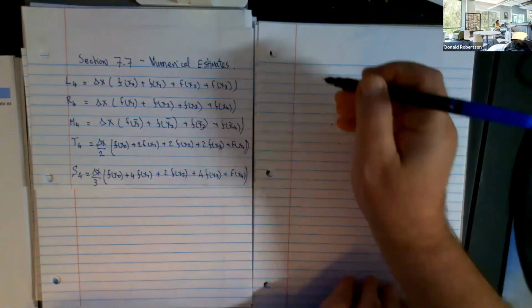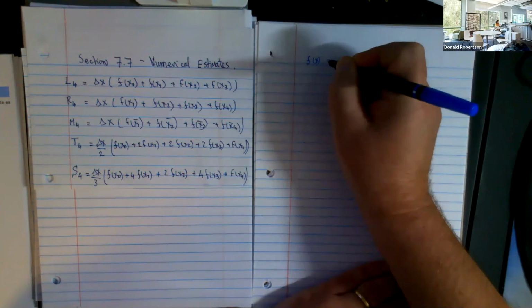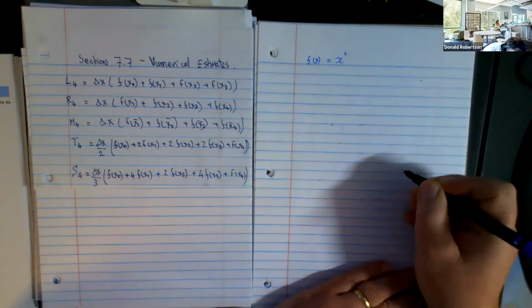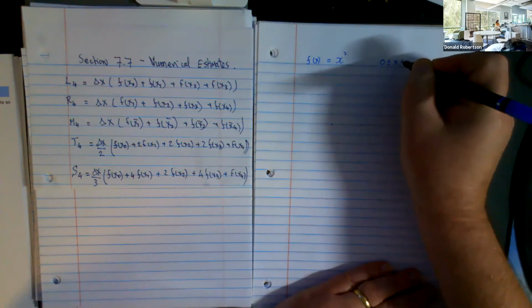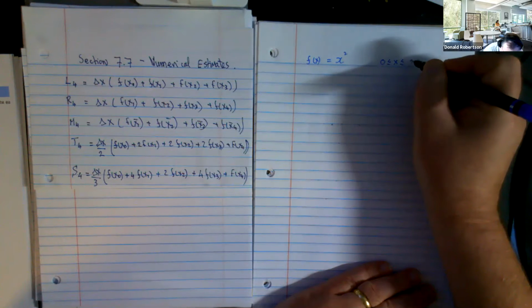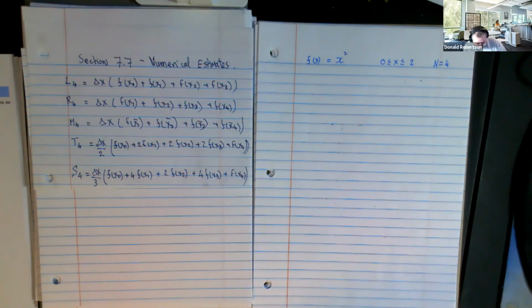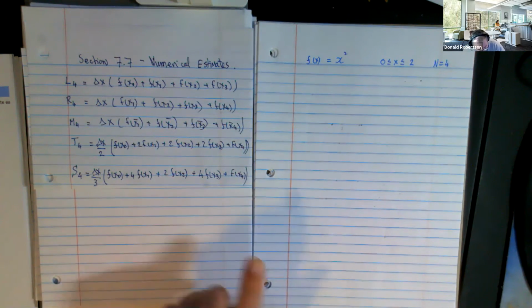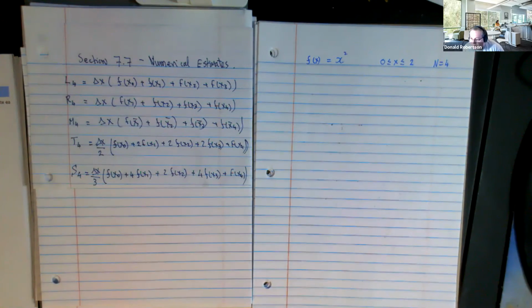So let's give you an example. Suppose I had the function f of x equals x squared, and suppose it was going from x equals 0 to x equals 2. And I wanted to do an estimate using 4 strips. And the estimate I'm going to use could be any one of those 5 choices here.